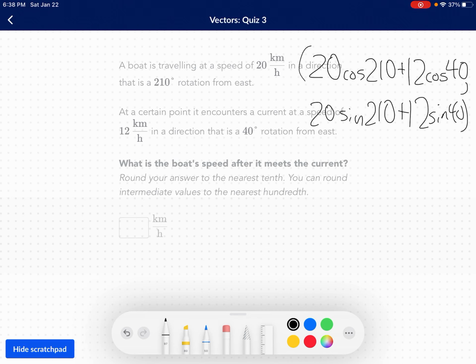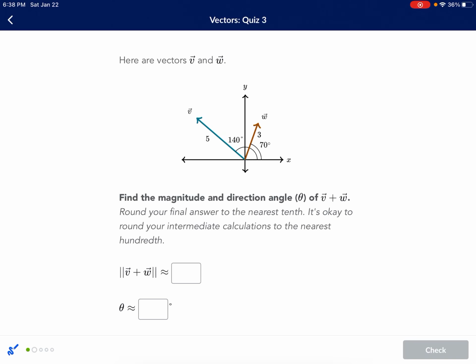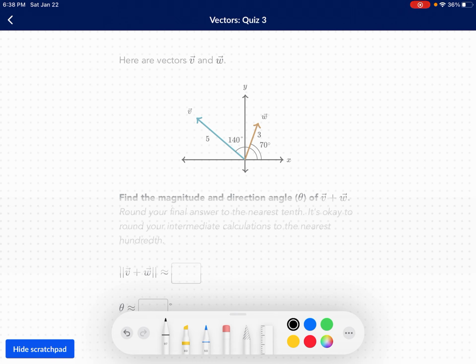Find the magnitude and direction angle. So again, same process, but here we're finding the direction angle too. The x component is 3 cosine 70 degrees plus 5 cosine 140 degrees, and the y component is 3 sine 70 degrees plus 5 sine 140 degrees. We can find the direction angle and the magnitude of that later.